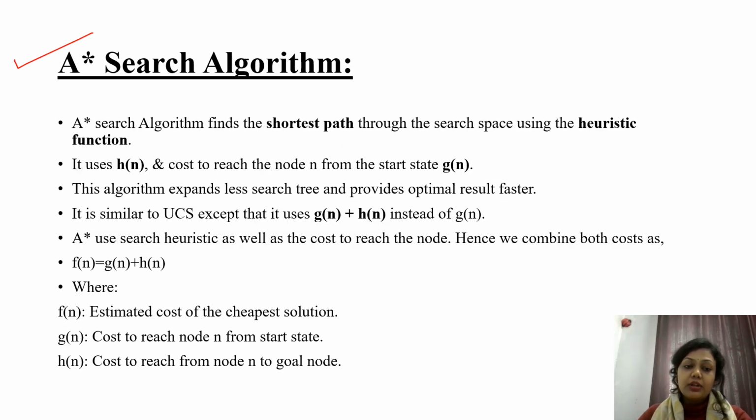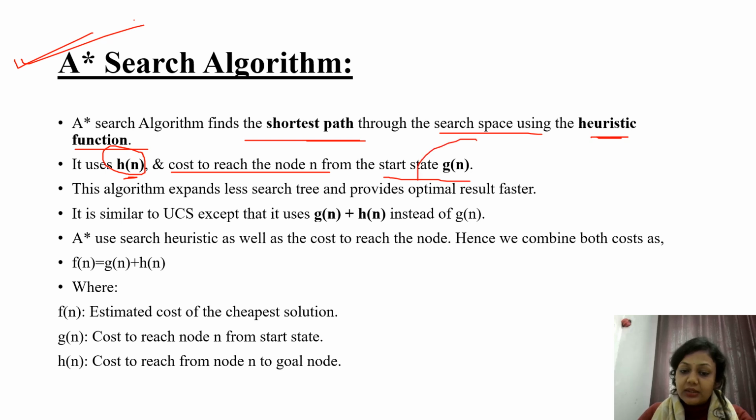Now let's see, what is A star algorithm? A star algorithm finds the shortest path through the search space using heuristic function, as we have seen in the earlier slides. It uses this term H(n) and the cost to reach the node n from the start state, that is G(n).